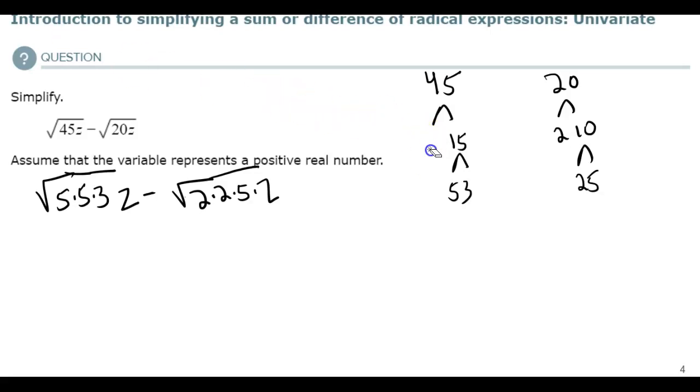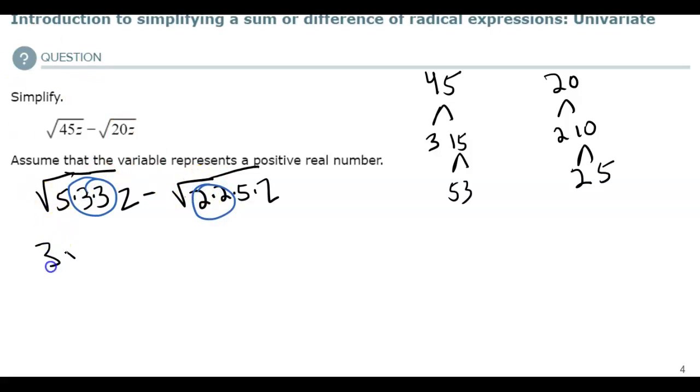And I made a mistake here. That should be 3 times 15. I can group things by 2.